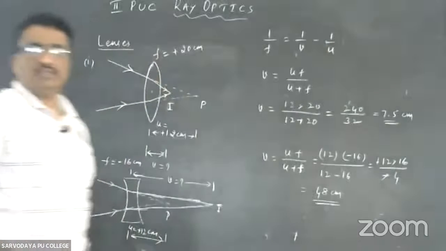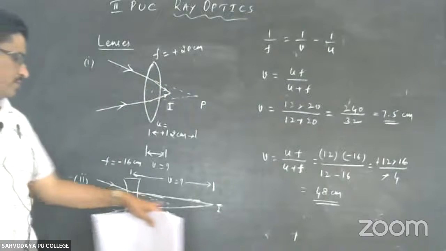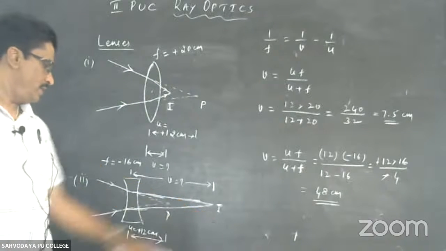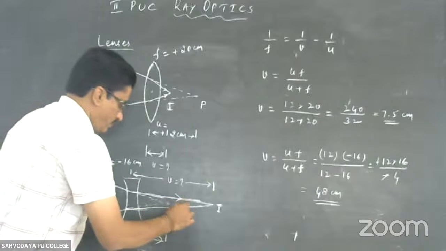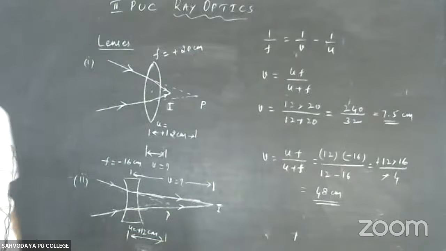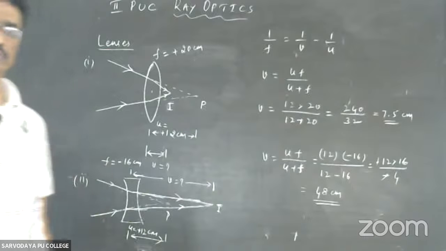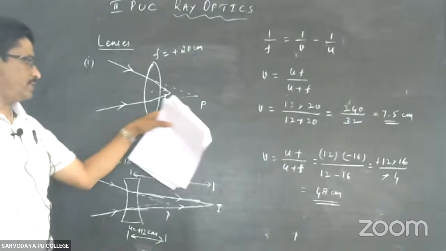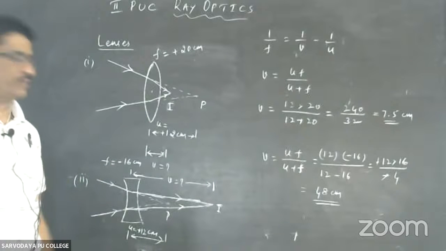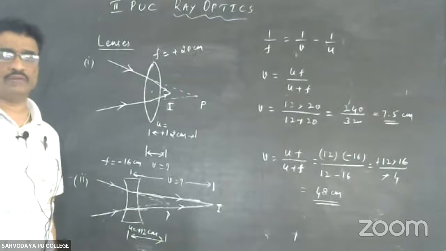That is what I told. The rays will be made to converge at a farther point. Okay. The point of convergence moves away from the lens. Here the point of convergence moves towards the lens. Here it moves away from the lens.